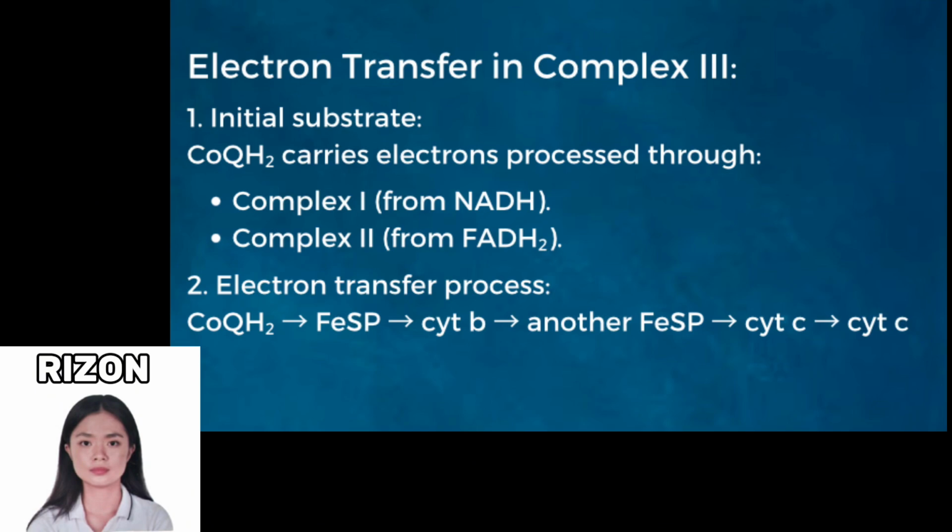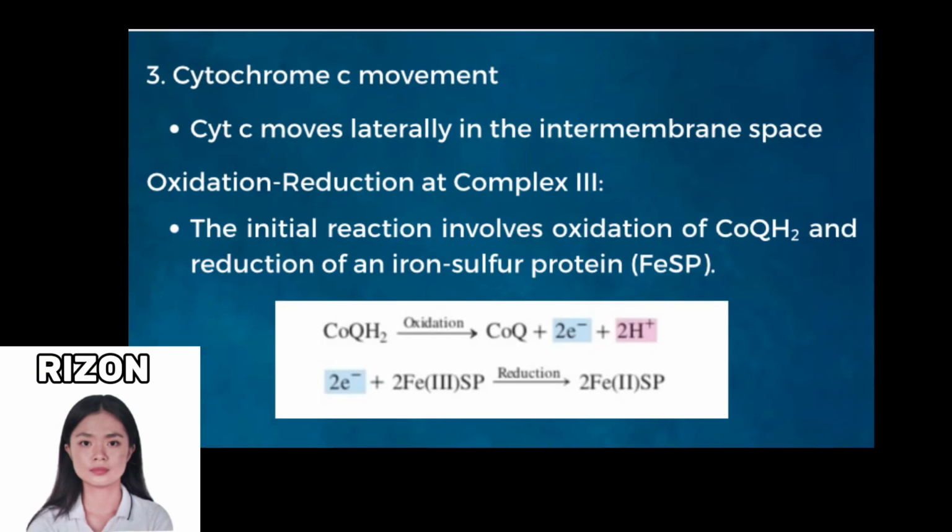For the third step, cytochrome c movement: cytochrome c moves laterally in the intermembrane space. It delivers electrons to complex 4, and note that cytochrome c is the only water-soluble cytochrome.